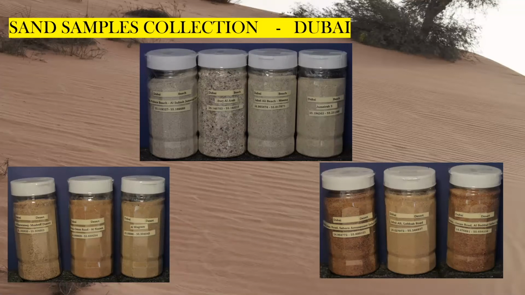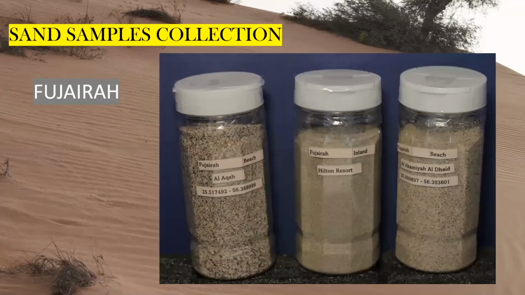And so I have collected some from Dubai because I am in the Emirates of Dubai, so it's easier for me to get some of the samples. And then we went to Fujairah, mostly on one inland and two beaches.